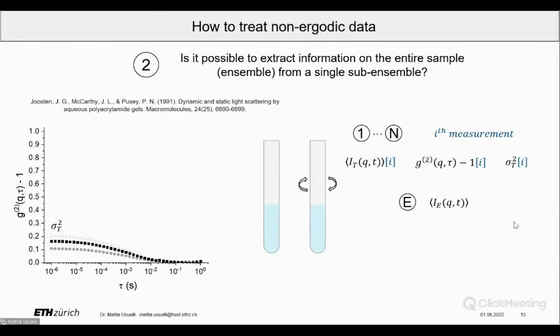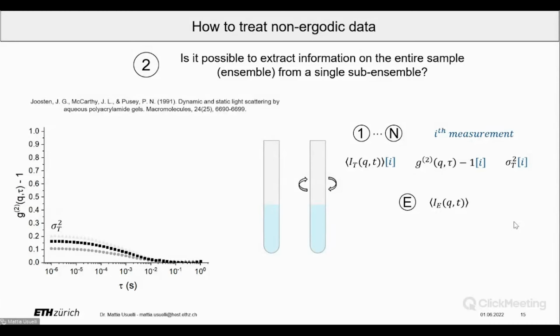Afterwards, we do the following. We do an experiment where we probe the so-called ensemble average scattered intensity. It means that here we are not looking anymore at the dynamic information. We are not looking at the correlation function.